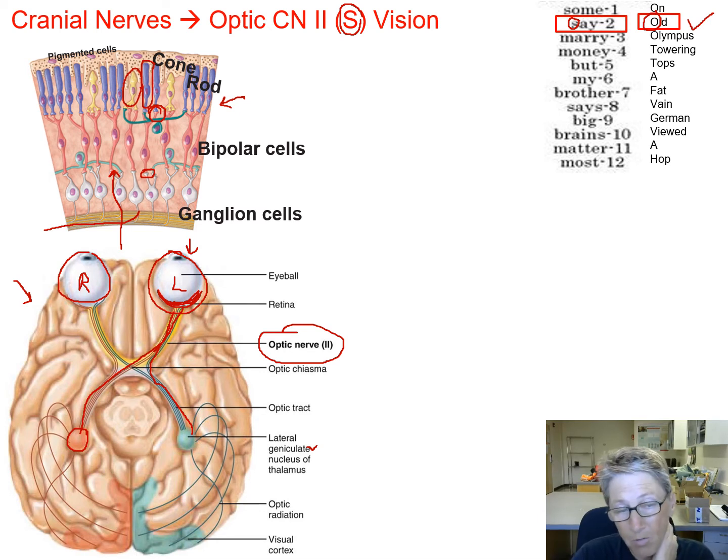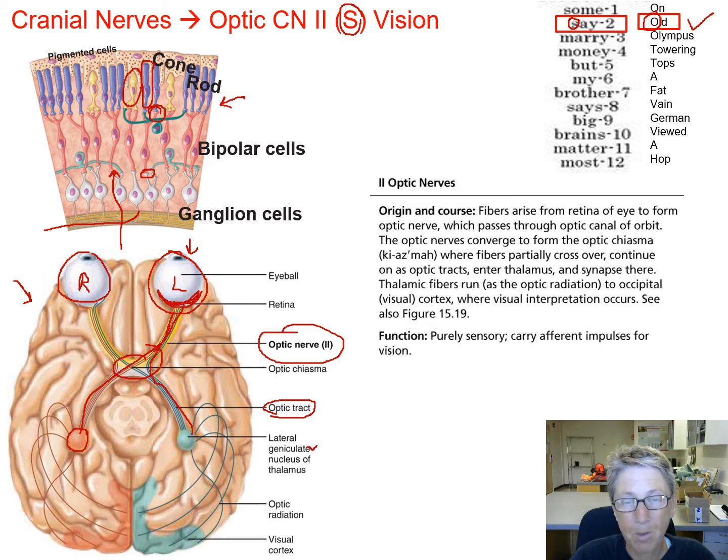And where they cross over, that's called the optic chiasm. And then from the optic chiasm, where they travel within the brain to the thalamus, that's called the optic tract. But the cranial nerve that we're interested in here is the optic nerve, number 2.